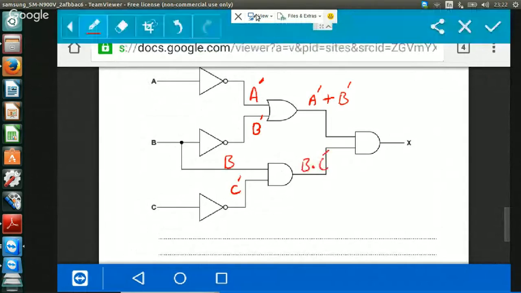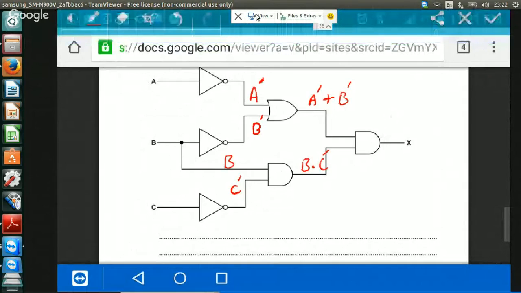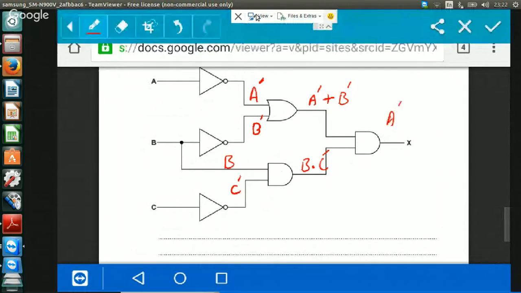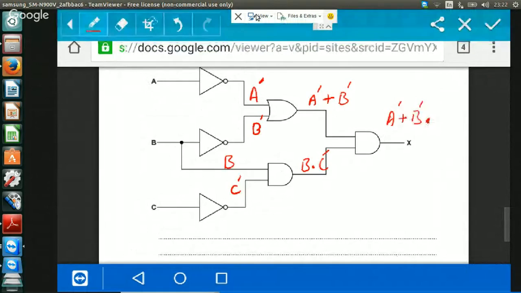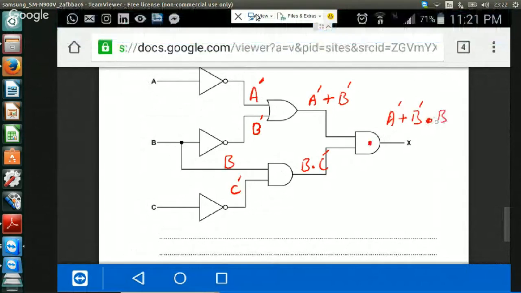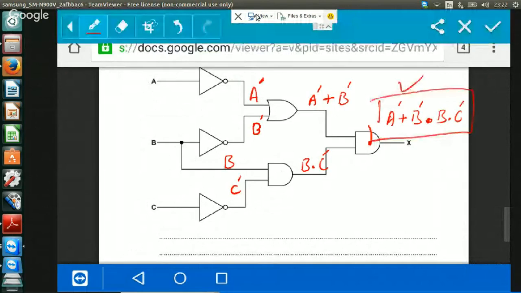And what is the input of this AND gate, this whole thing, and this whole thing? You can write down A dot B plus B dash, and then this dot is basically for this AND gate, and then B dot C dash. So this is pretty simple. How to write down this thing into a statement? Well, this is 1. This is A dash.